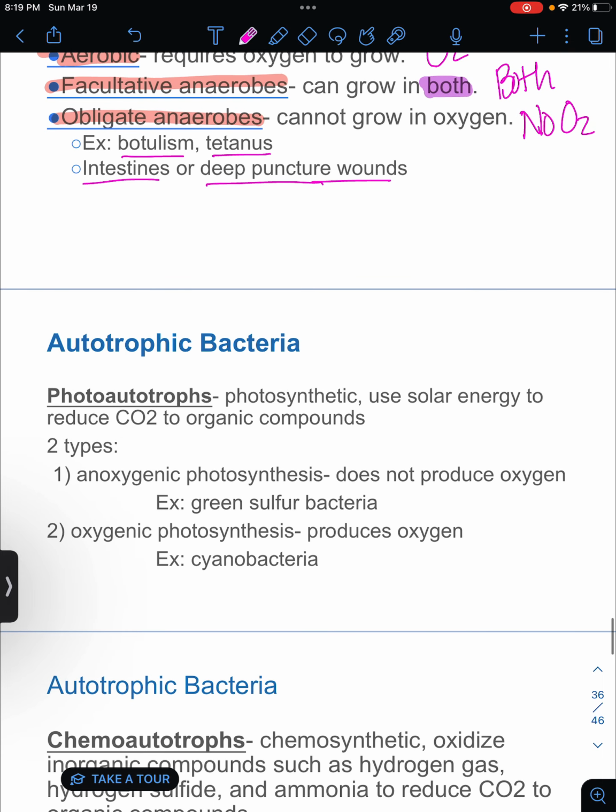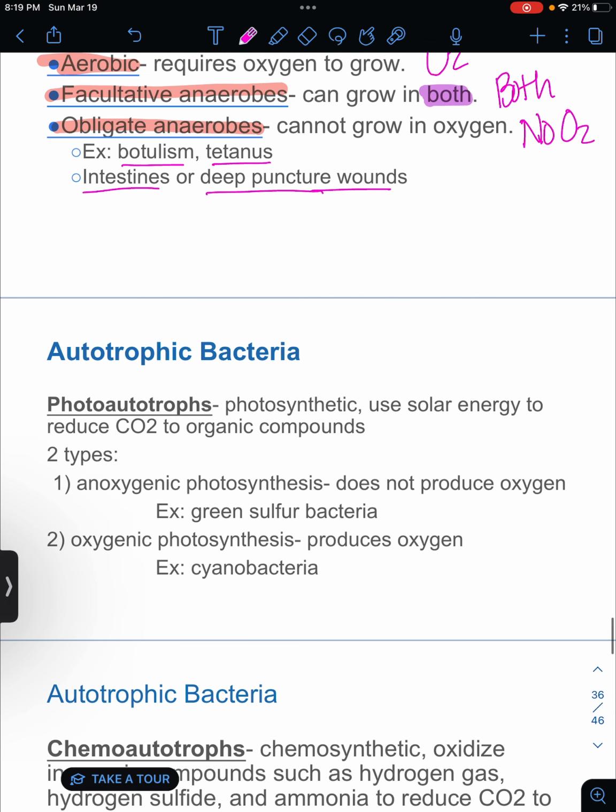So autotrophic bacteria, we're getting close to being finished. We're on the tail end of it anyway. Photoautotrophs use photosynthesis. They use solar energy to reduce CO2 to organic compounds, the same thing that plants do. That's where the prefix photo comes from.